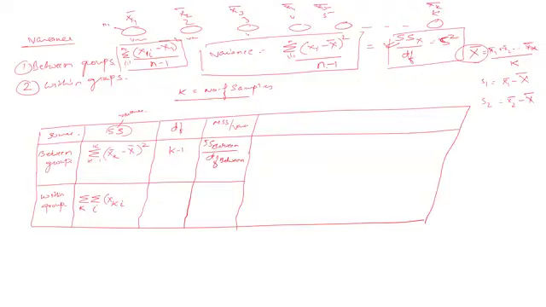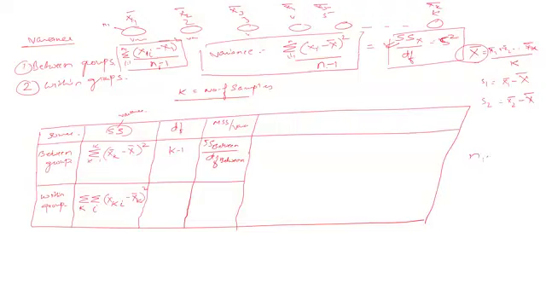Here I am iterating over all the k samples, k groups: x_ki minus x_k bar, whole square. Clear?